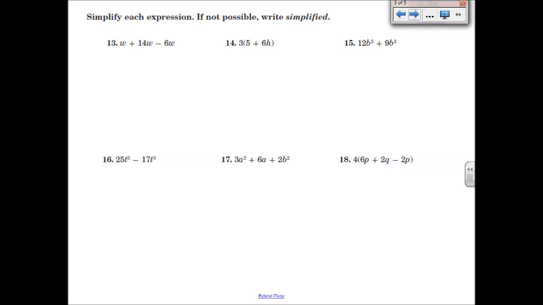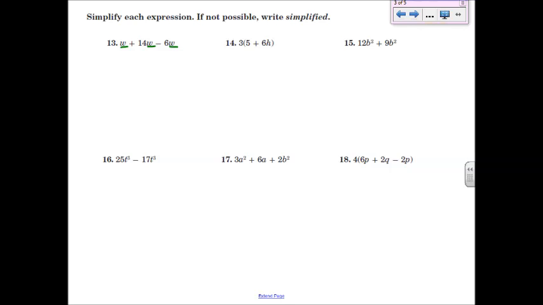In numbers 13 through 18, we're going to try and simplify it. And what we do a lot of times when we simplify it is we do the distributive property backwards. So in number 13, I have a common factor of W in all of those things.